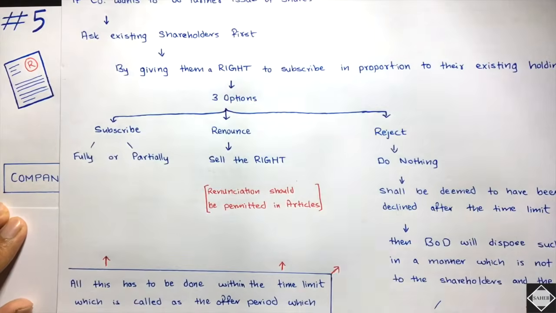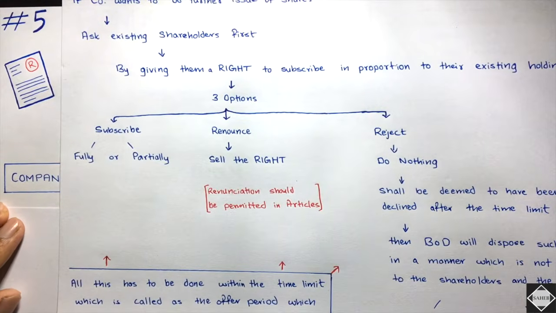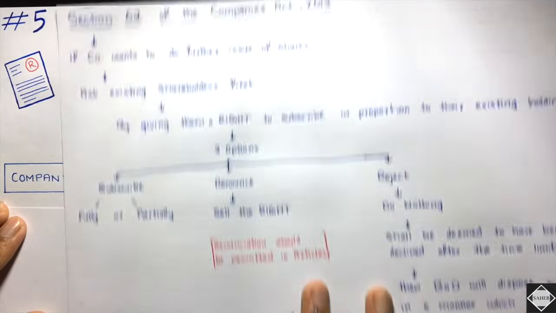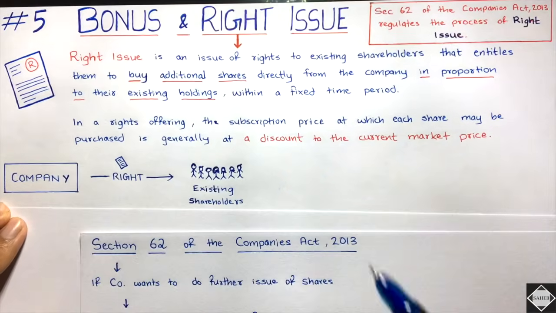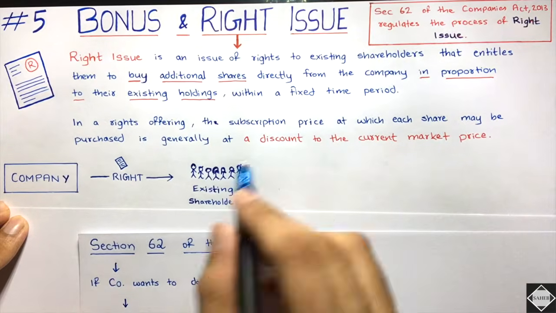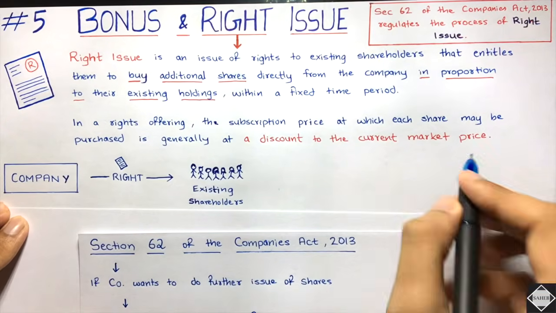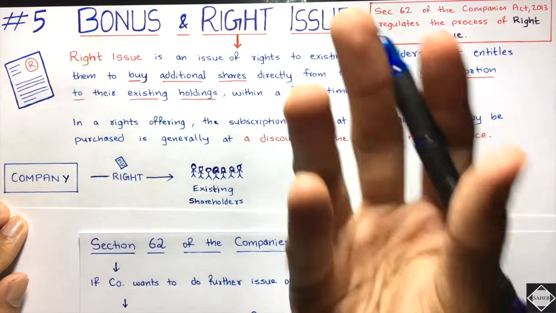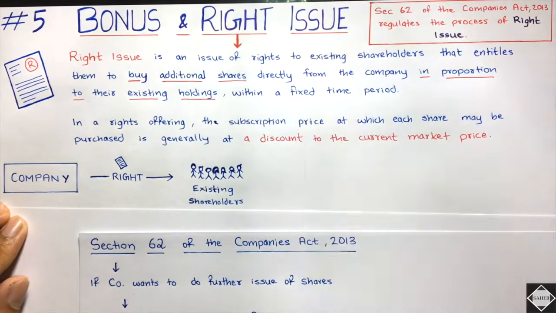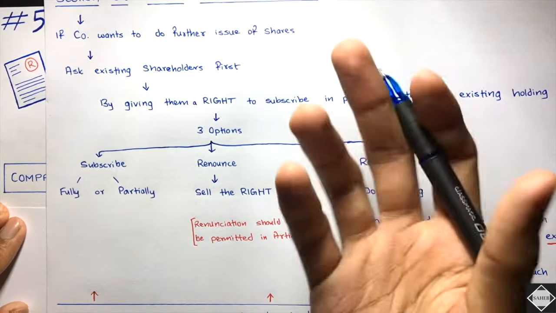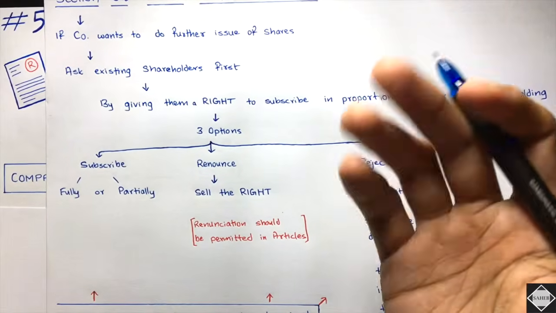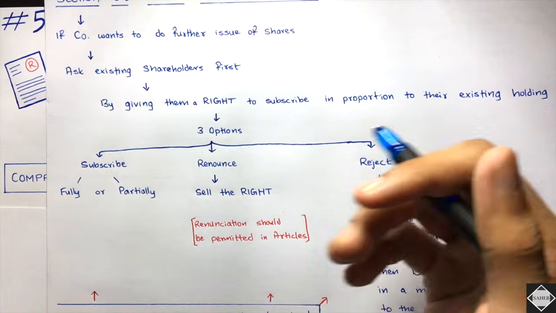Why is it valuable? It is valuable because with that right, you can purchase the shares at a discount to the current market price. That is why that piece of paper has a value. So you can sell that; there is monetization in that. You can sell the right and get the money.